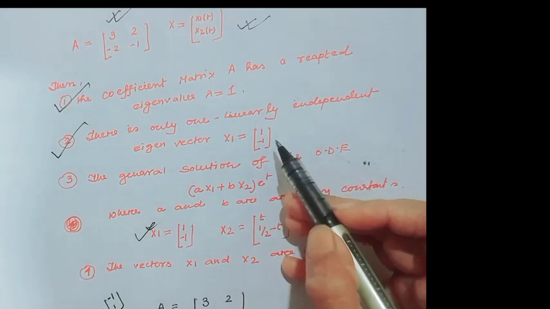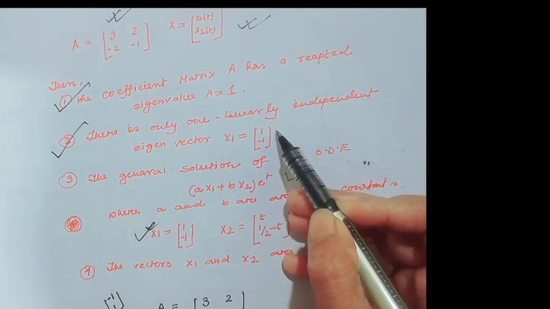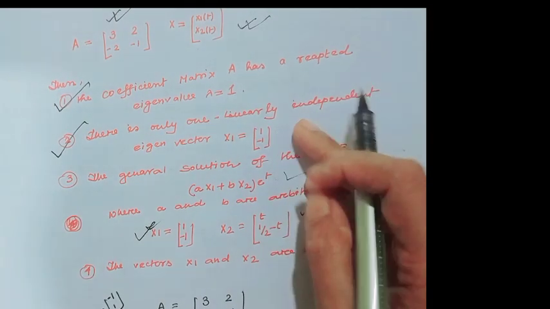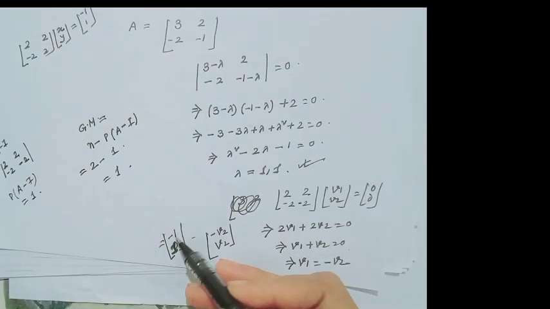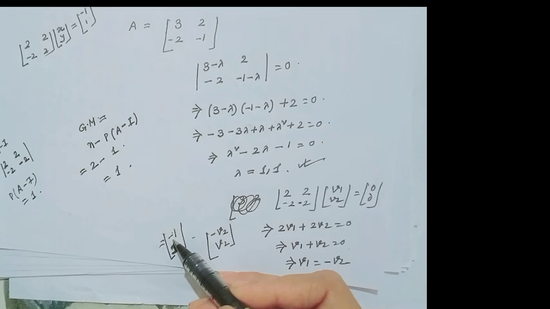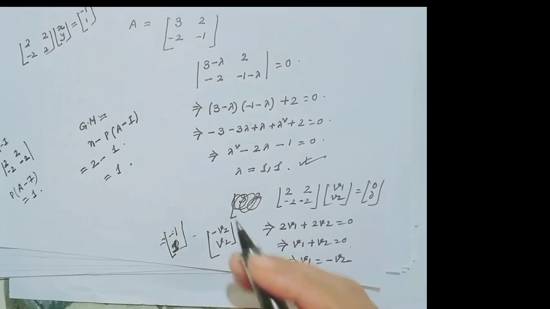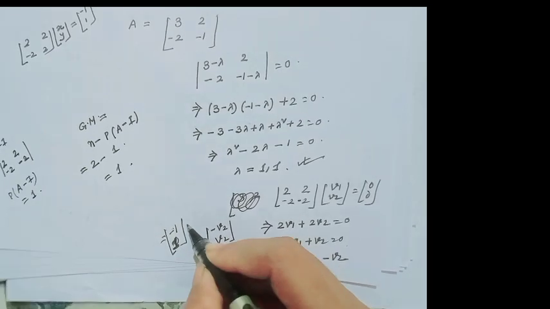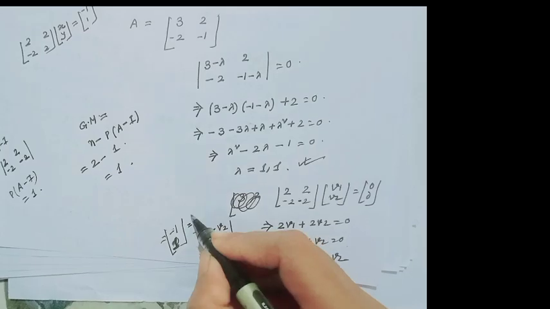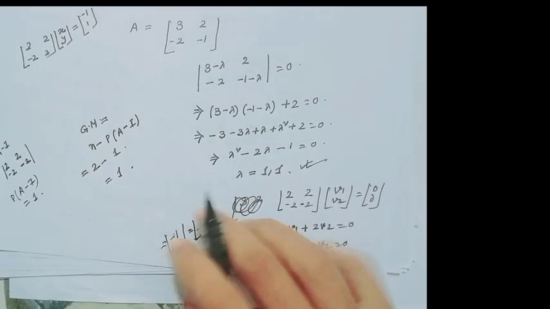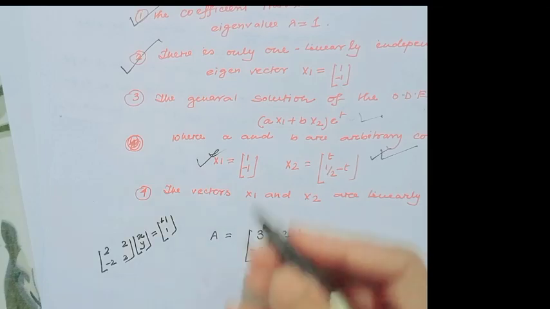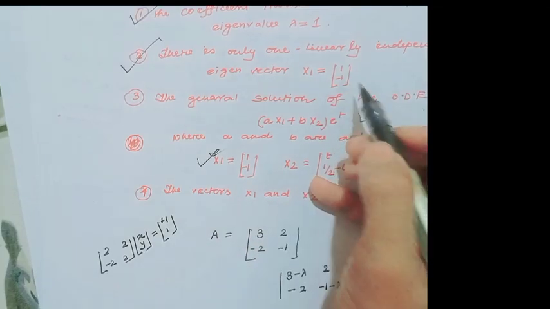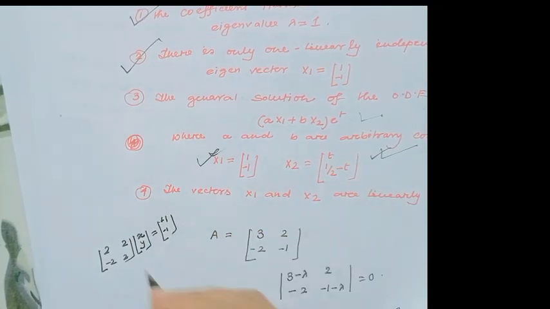Notice here the eigenvector given in option 1 is 1, minus 1, but here I have got minus 1, 1. If we take minus 1 common, then this would be 1, minus 1. So this is for the solution, since option 1 gives 1, minus 1.